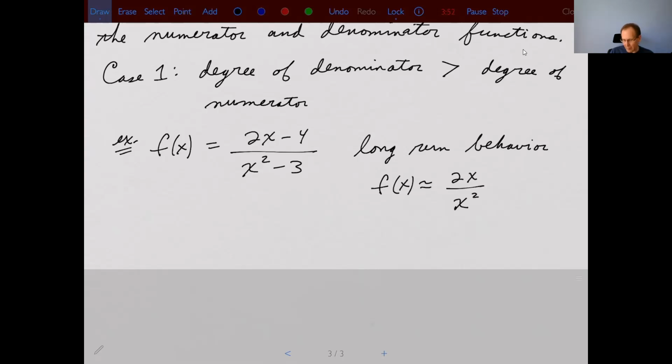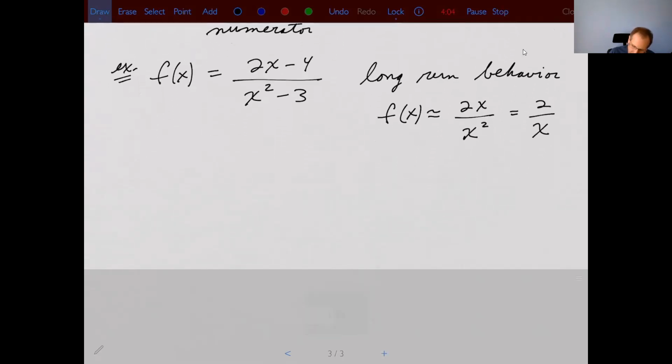And we can simplify that, right? We can cancel out an x. So this is equal to 2 over x. Okay, so what happens now? Let's think about that function 2 over x. As x goes to negative infinity, what's happening to 2 over x?